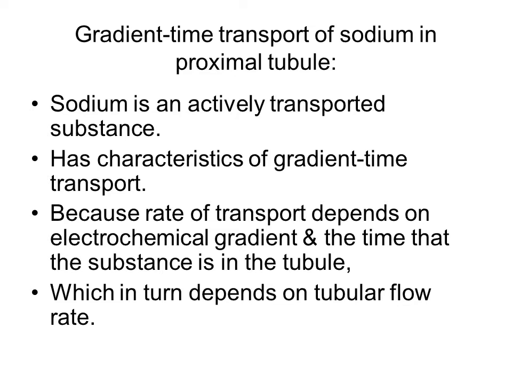An important example is sodium reabsorption in the proximal tubule. Although it is actively transported, it still shows characteristics of gradient time transport because the rate of transport depends on electrochemical gradient, the time that the substance is in the tubule, and the tubular flow rate.